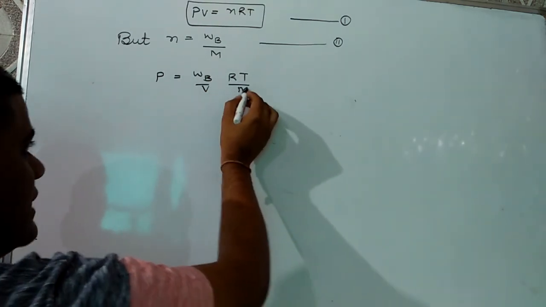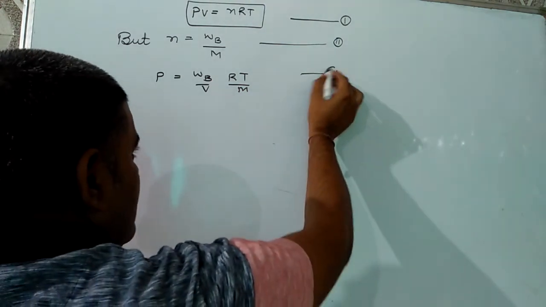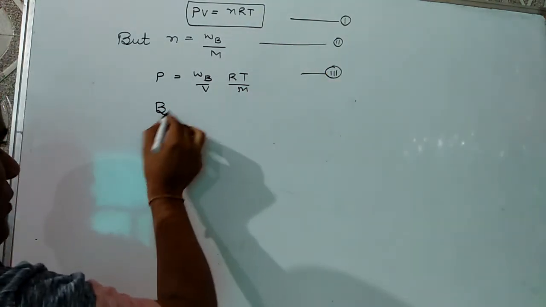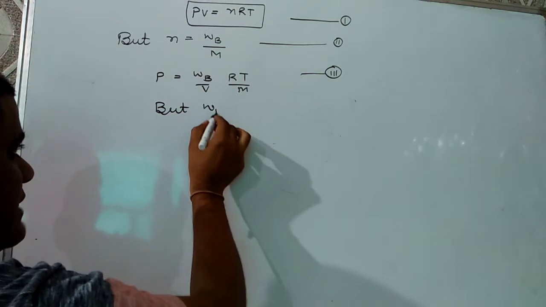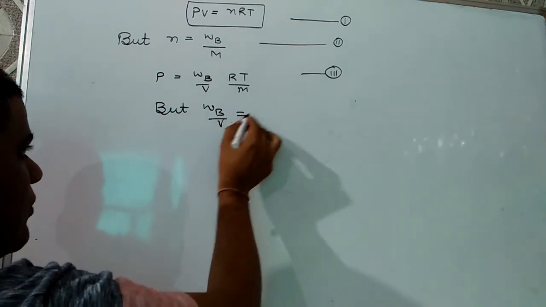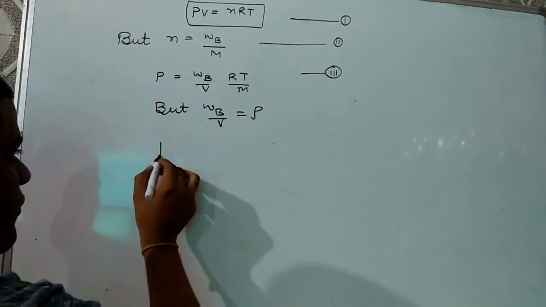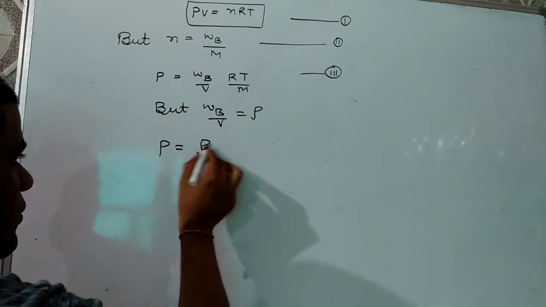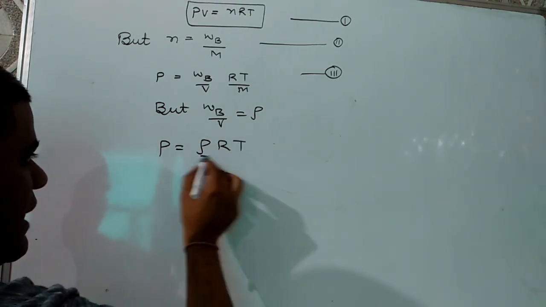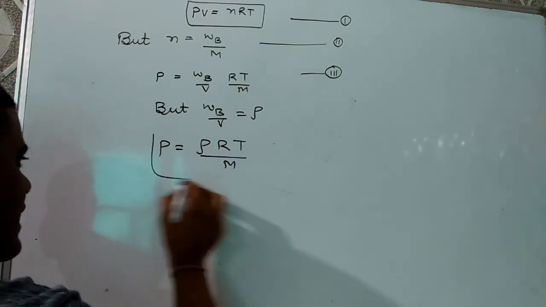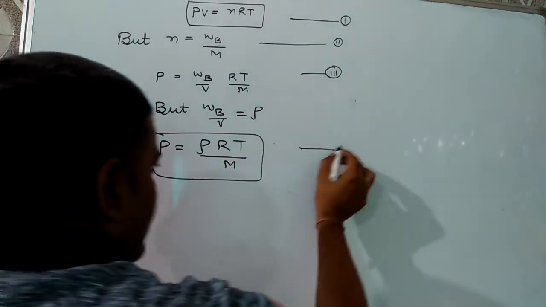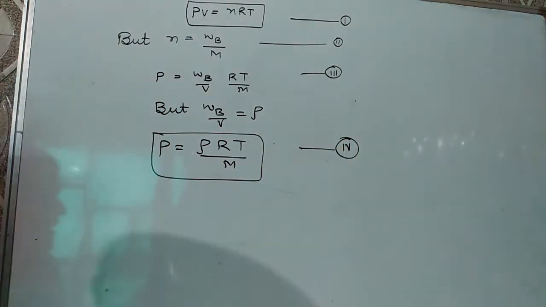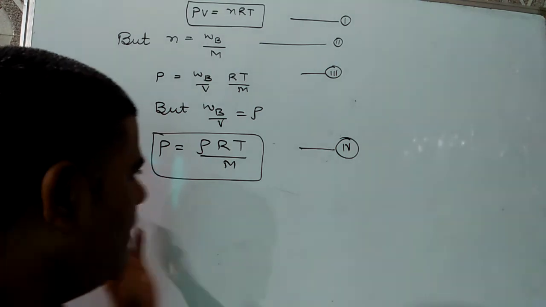That is equation third. But weight by volume is density. So we get the equation P is equal to rho RT by M. This is the required relation between pressure and density of the gas.